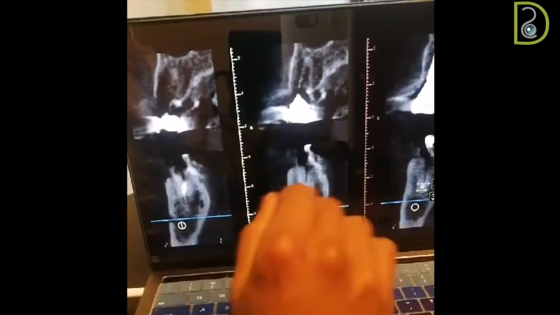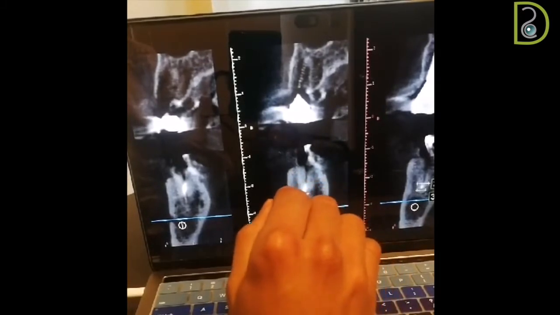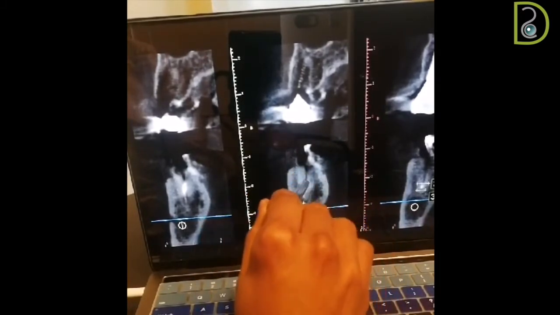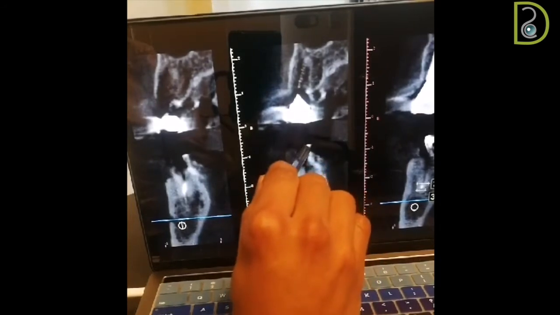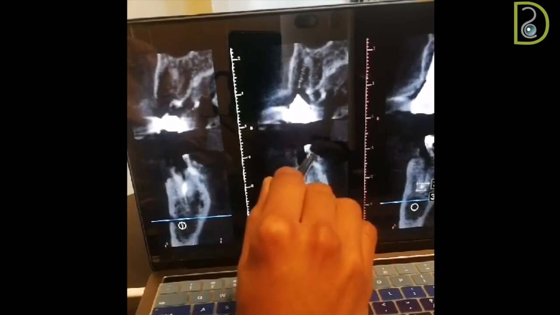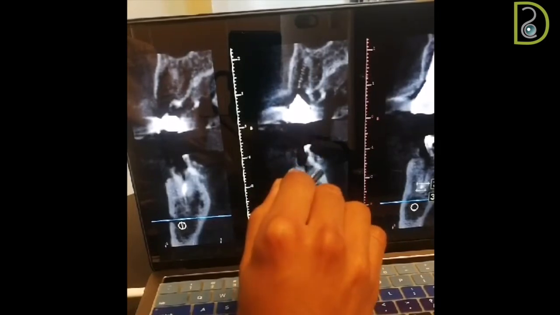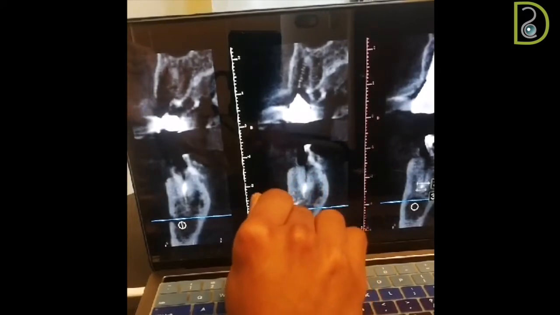So usually for the upper immediate implant, we try to stabilize the implant where exactly? In the apical part, correct? So we need to engage at least 2 to 3 millimeter apical to the socket so the implant will be stable. However, in this case, if we do that, we will hit the nerve.